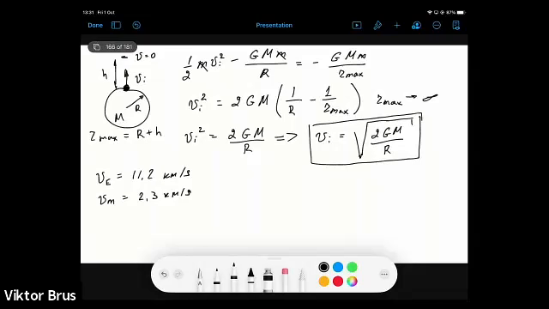And for instance, if we consider the biggest and most massive planet of our solar system, which is Jupiter, that will be 60 kilometers per second. So it's quite a huge escape velocity.